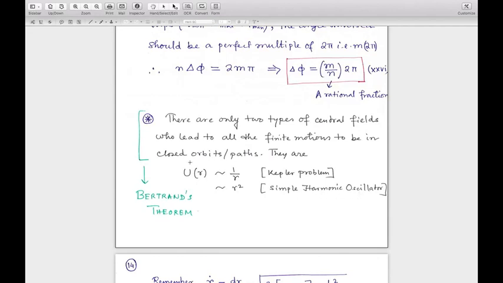If we have potential of this type of function, then all the finite motions must have closed orbits. That's a very powerful and elegant theorem. We are not going into the detailed derivation of Bertrand's theorem in the scope of this course. You can see it in the books or on the internet.